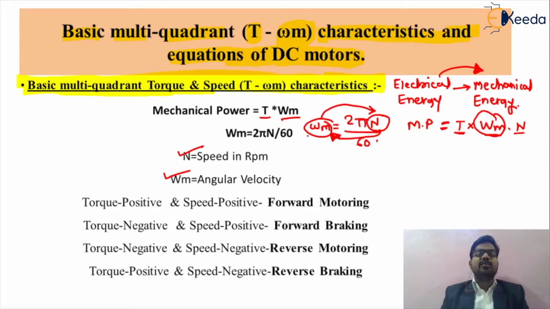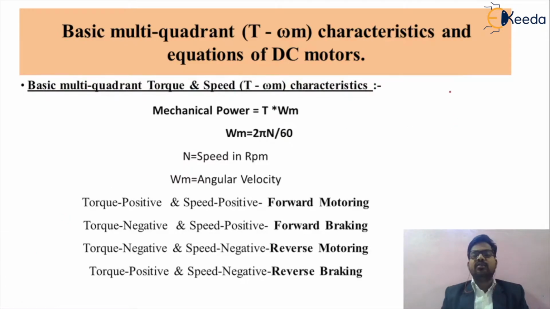While studying the basic multi-quadrant operation of your DC drive, in concern with the torque and speed characteristics, there are four quadrants of operation that we will study in detail: the first, second, third, and fourth quadrant of operation.